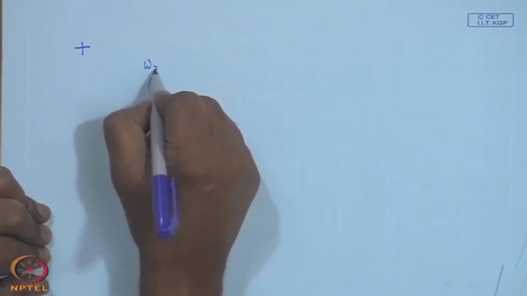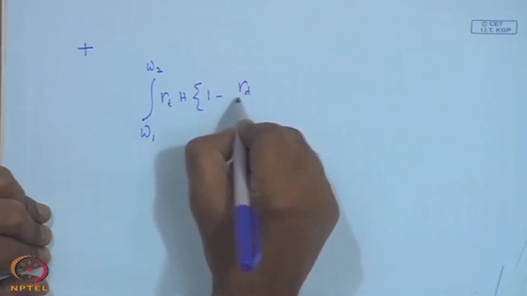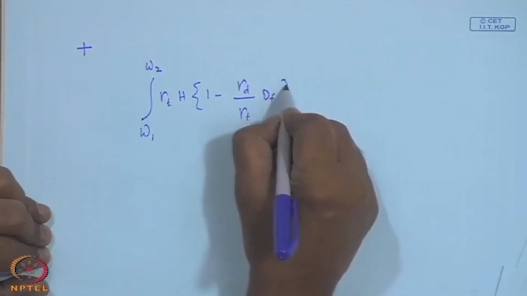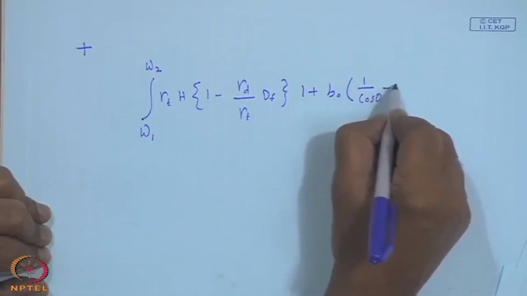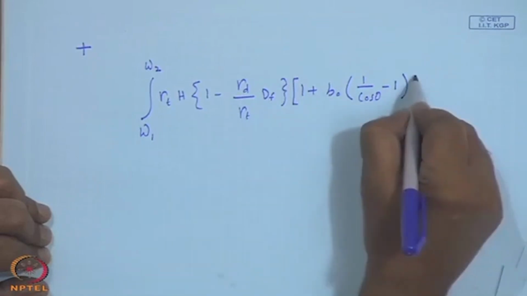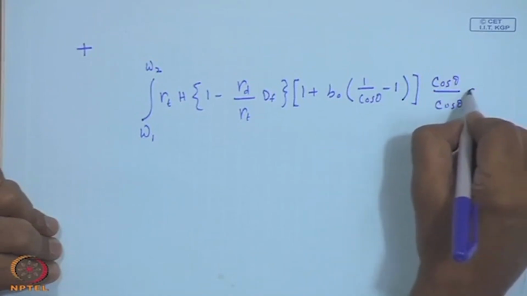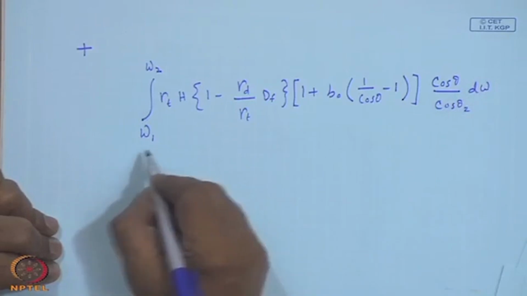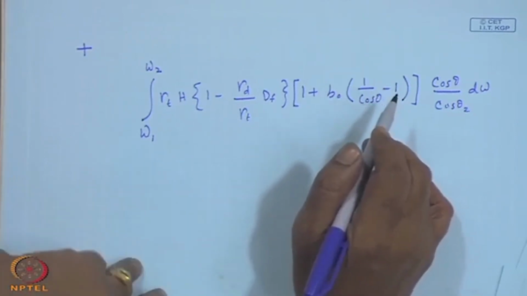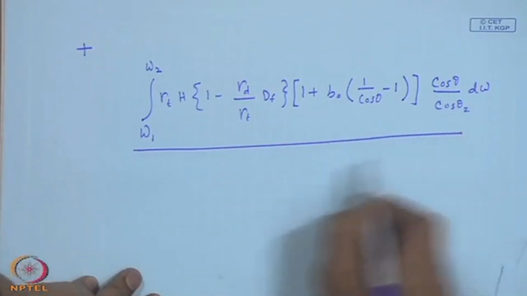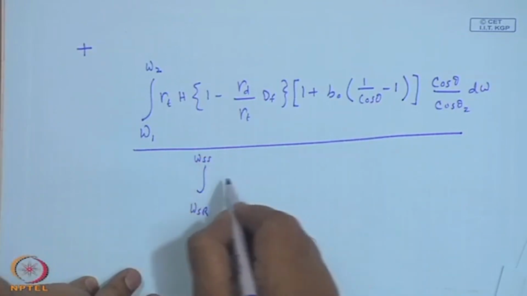omega 1 to omega 2 of R_T H 1 minus R_d by R_T d f, 1 plus b 0 into 1 by cos theta minus 1, into cos theta by cos theta z d omega. This will remain the same.